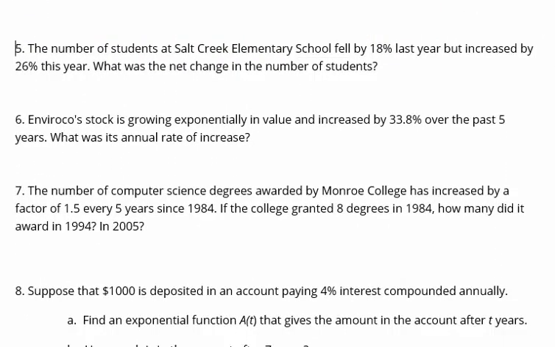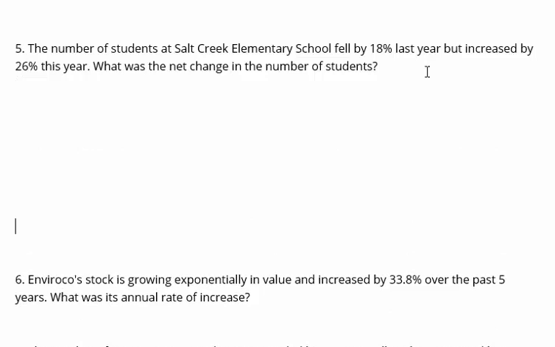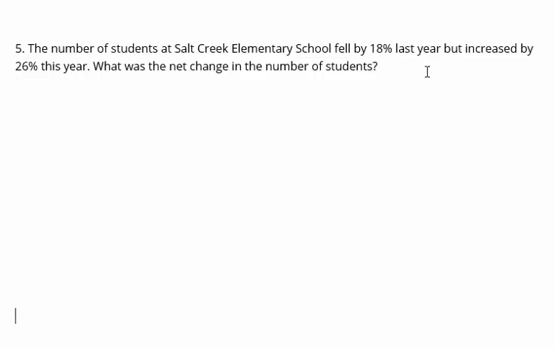Okay, number 5, it says the number of students at Salt Creek Elementary School fell by 18% last year, but increased by 26% this year. What was the net change in the number of students? Essentially, what we're doing is looking at the growth and decay factors from year to year. So the first year, I'll call this B1, the population of the students fell by 18%.